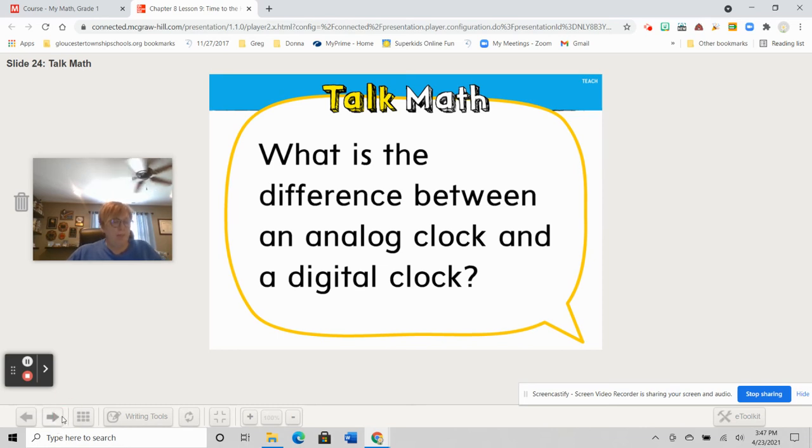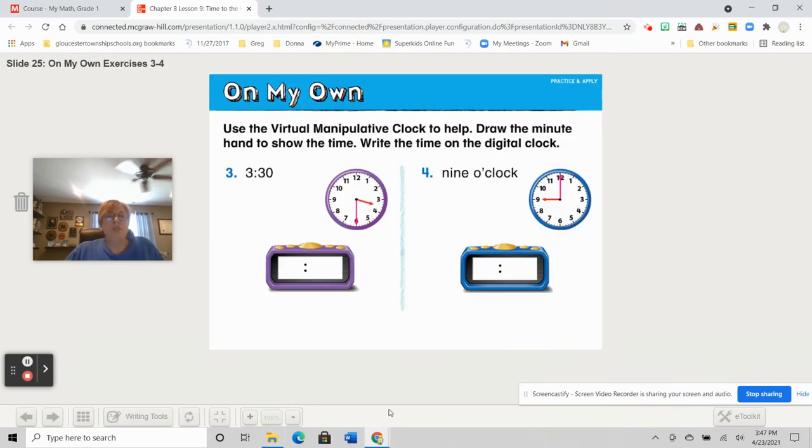Okay, now for on my own, here they show it already written in, okay? But here, you are going to write the digital times right here, okay? And pause and complete numbers 3 and 4.